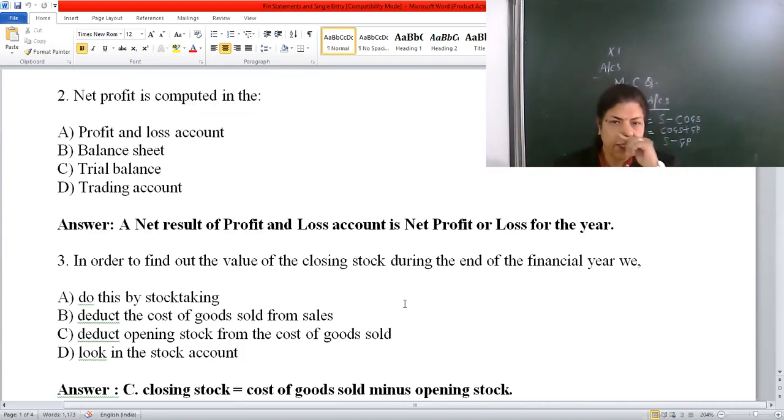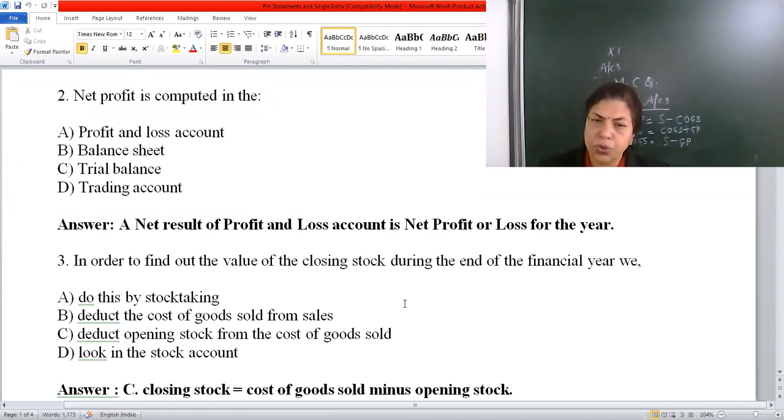In order to find out the value of the closing stock at the end of the financial year, we do this by stock taking, deduct the cost from sales, deduct opening stock from the cost of goods sold, look in the stock account. Where to show it?